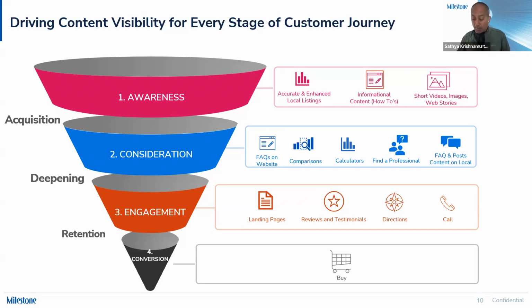you need to think about financial calculators, mortgage rates, and FAQs. You need to think about how to bring your professionals, your wealth management advisors and mortgage loan officers, out in the front so that they are found and discovered, and your customers can start engaging with them.